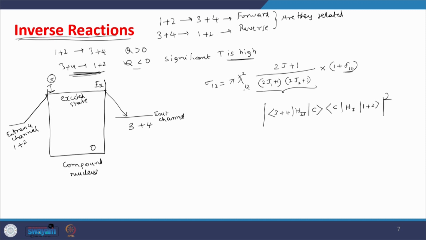Here I am trying to explain how to correlate the cross section of the forward reaction to the inverse reaction, or the cross section of the inverse reaction to the forward reaction. That is the topic of the lecture. For that, I am visualizing the nuclear reaction in such a way that 1 plus 2 gives rise to a compound nucleus.